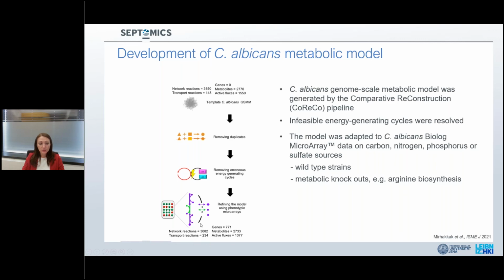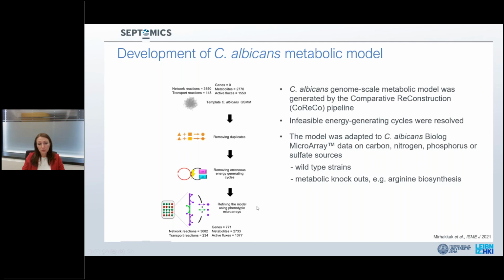And here you see the outcome is different from the starting outcome, in which we have corrections. We have now 3,082 reactions and 234 transport reactions, compared to a much larger number before. So this model was then used by them.